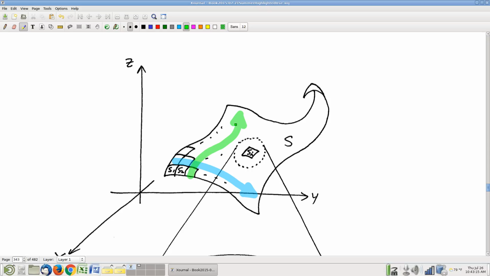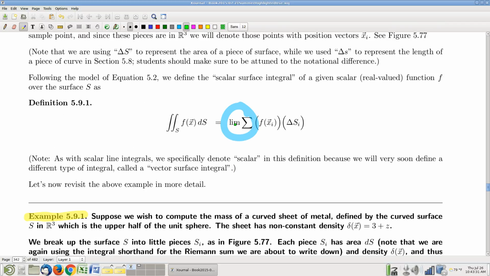If you were to slice this thing up with a pair of scissors or whatever, and write down labels on where these things are, you'd have an I telling you how far you are in the blue direction and a J telling you how far you are in the green direction. Since there are two indices, I think it's reasonable to use two integral symbols. As usual, you have to tell me what the domain is.